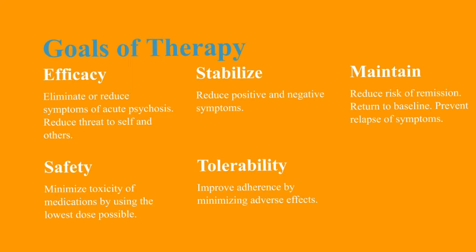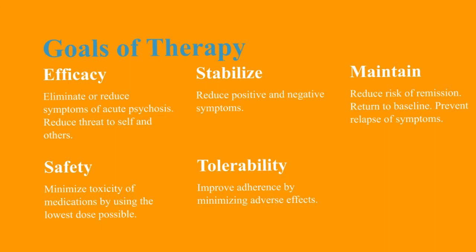When we begin treatment for schizophrenia, we focus on these goals of therapy. First, we want to choose a medication that is efficacious but also safe, so eliminating or reducing symptoms of acute psychosis and reducing an immediate threat to self or others in the patient. We also want to minimize the toxicity of the medication that we select and use the lowest dose possible.